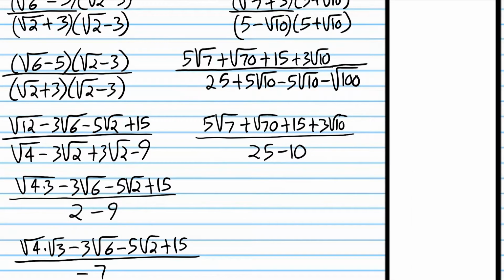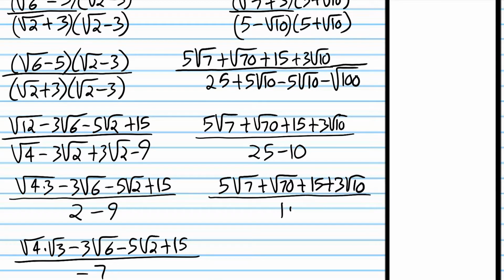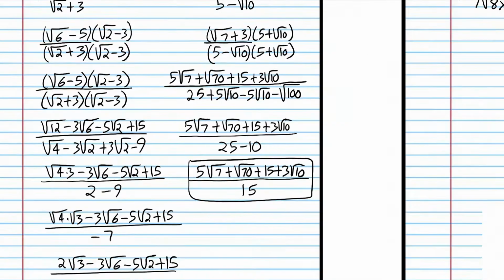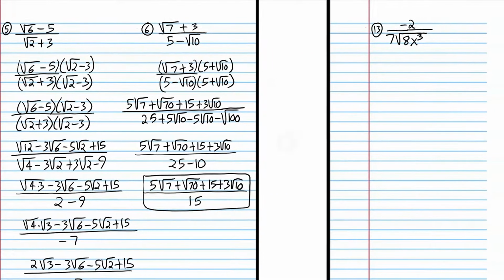So now we're left with the final answer, 5 root 7 plus root 70 plus 15 plus 3 root 10, all over 15, it looks like. So if you got that answer, good job.